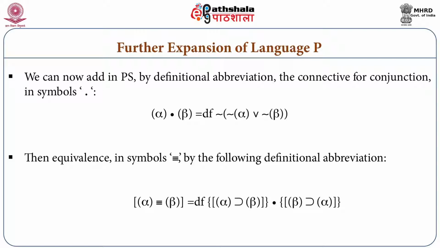Alpha is equivalent to beta, definitionally, if alpha implies beta and beta implies alpha. In other words, alpha is materially equivalent to beta by definition if alpha implies beta and beta implies alpha.